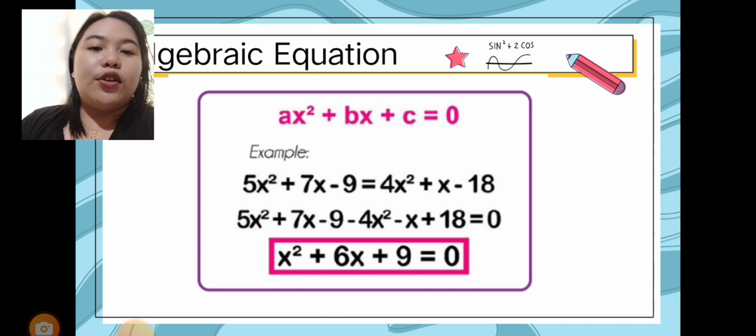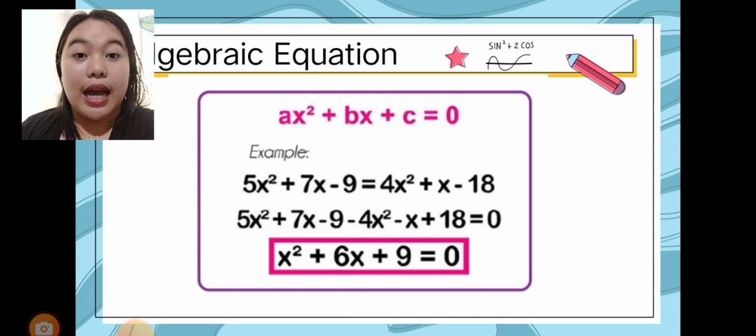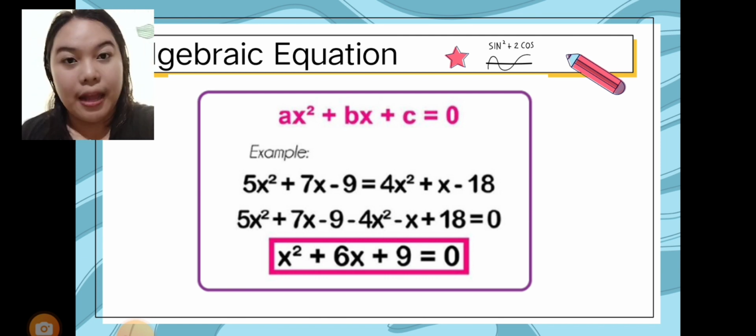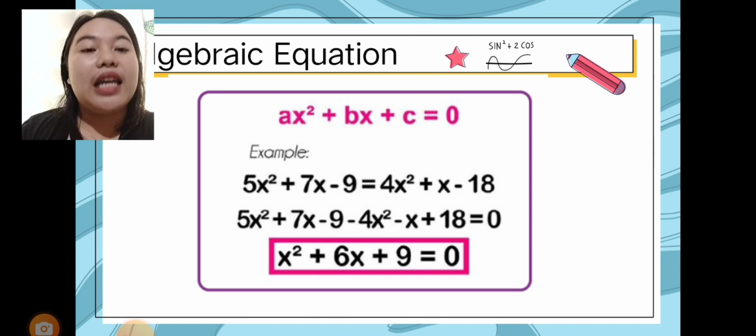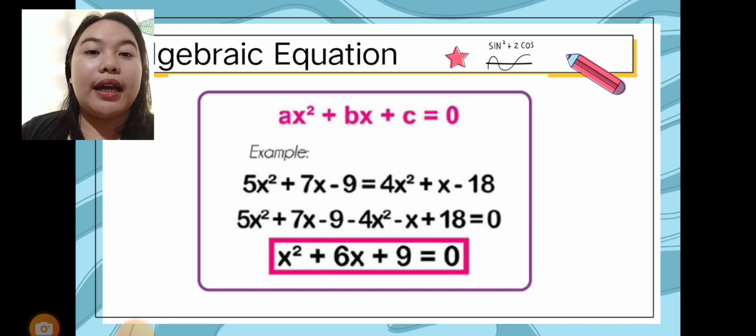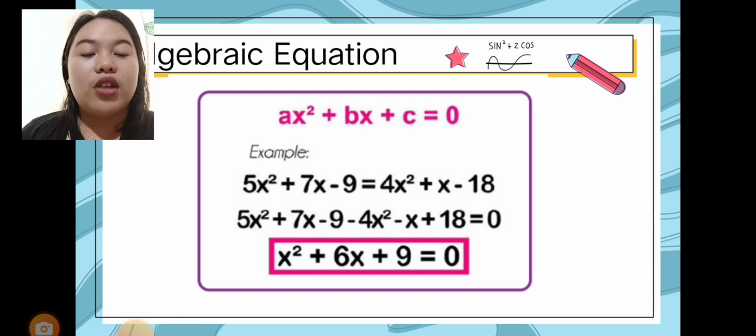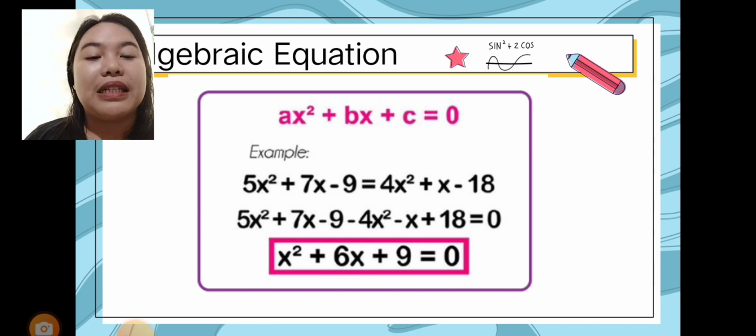After combining like terms, you simplify. So the final answer is x squared plus 6x plus 9 is equal to 0.